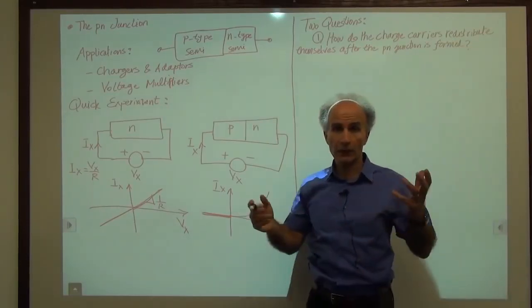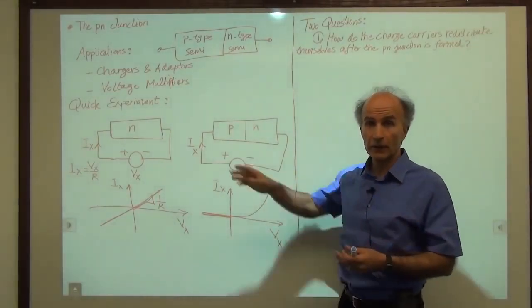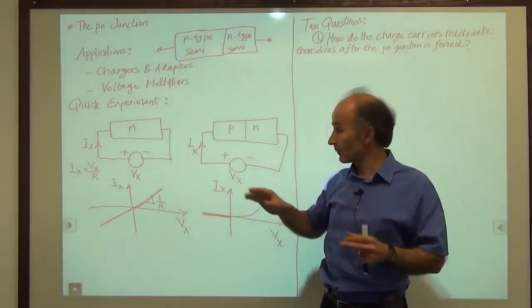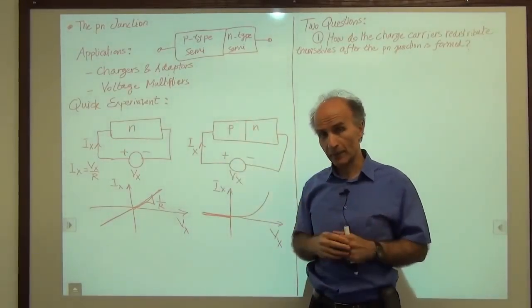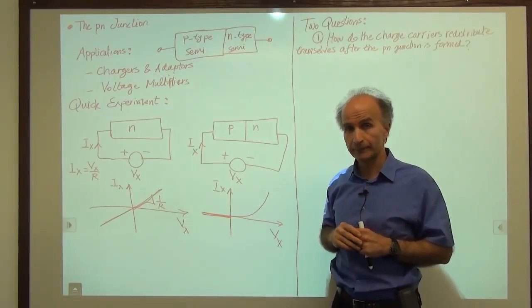What happens to all these free electrons and holes? They are different here from here. So when we attach them right at this interface, what happens? So that's something we need to study very carefully.